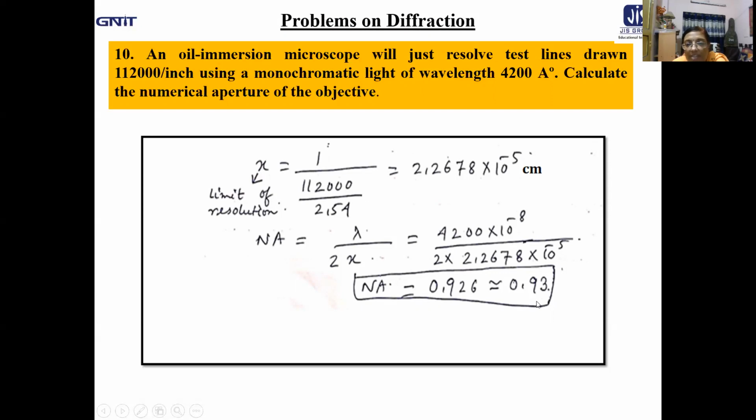You will get numerical aperture to be equal to 0.93. Normally the numerical aperture comes out to be less than 1. But for good quality microscope, it comes out to be very nearly equal to 1. So I hope that you are understanding the trick used here in so far as the statement of the question is concerned. Isn't that?